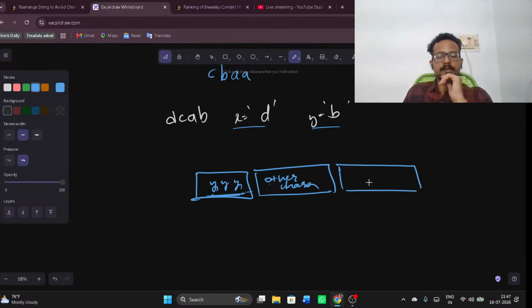Then I would place X, X, X and all. However many times I get X, that many times I would place the X, right? So that's the same thing I'm doing here. First place B. How many times did I get B? Only one time. Now, how many times are other characters present, not B and D? C and A. So I place C and then A. Now X, how many times? Only one time. So D. So B, C, A, D.